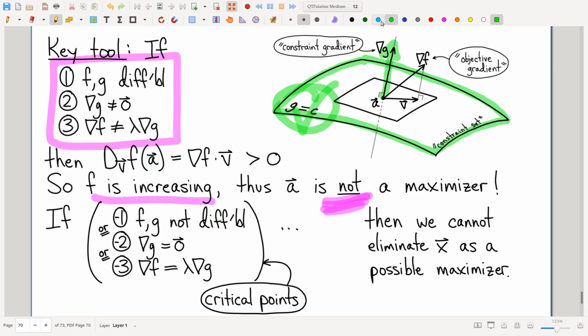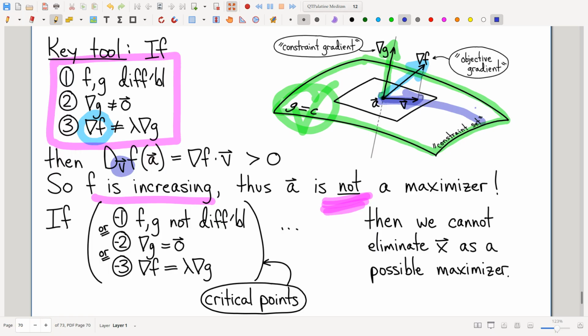If the gradient of f is not a multiple of it, then that means the gradient of f is pointing off of that perpendicular axis, which means that its projection, like so, points in a non-zero direction, and that's a direction that I can go along the surface, right? I can just start going that way, and I'm going to have to curve along with the surface as the surface curves, but that represents a direction that I can go.